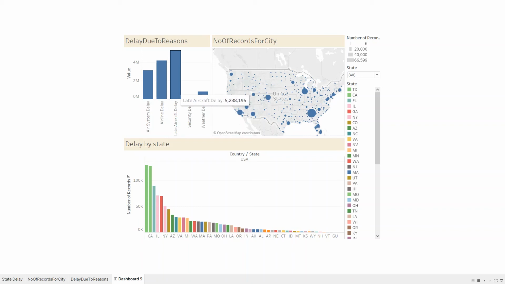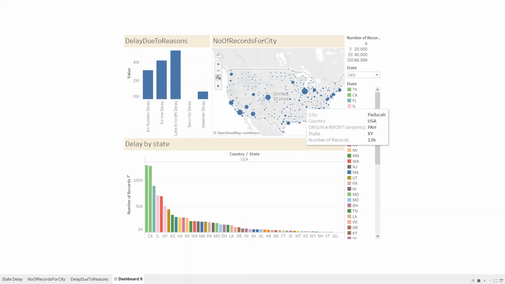So moving on to the right, we have the map of the USA. This chart shows the number of records by city. We have blue dots all over the map, and each dot represents a different city. If we hover the cursor over each dot, it will show the number of records, and the size of the dot represents the number of records of delay and cancellation.